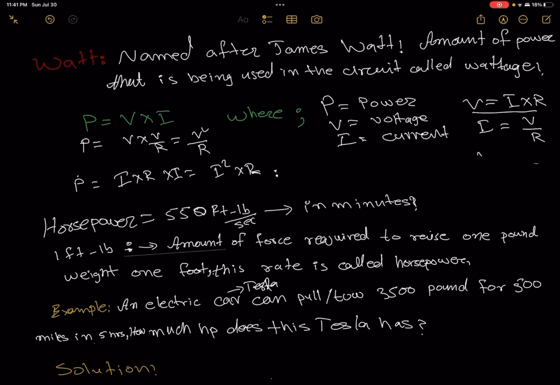So how is that in a minute actually? Basically you have 1 second, which will be multiplied by 60, because 1 second is equal to 1 over 60 of a minute.